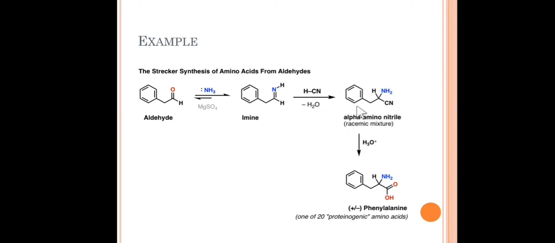When this alpha amino nitrile is treated with H3O plus, or simply acid, we get the alpha amino acid. In this case we started with this aldehyde, got the imine, and after that the alpha amino acid, and this amino acid is nothing but phenylalanine, one of the 20 essential amino acids. So friends, this is how the Strecker amino acid synthesis helps us for the formation of amino acids.